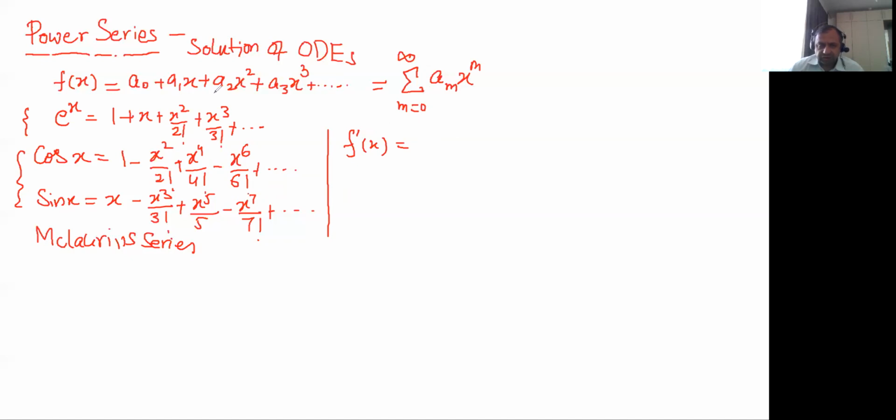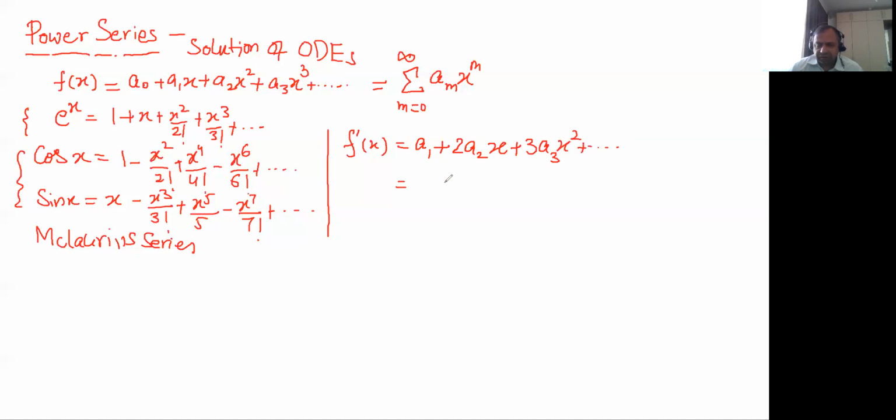So its derivative will start from a1 plus 2a2x, and plus 3a3 x square, and so on.